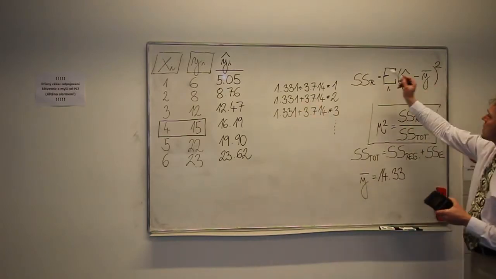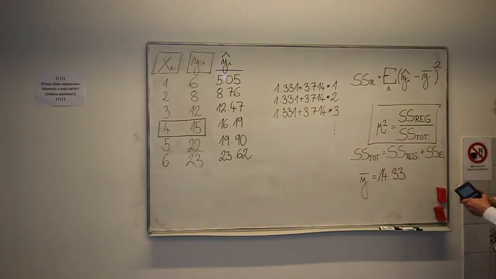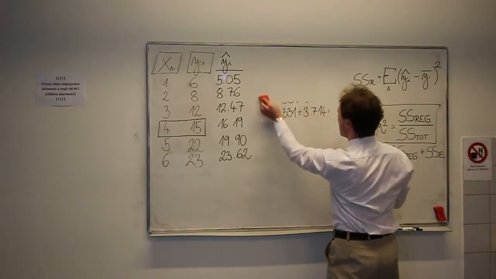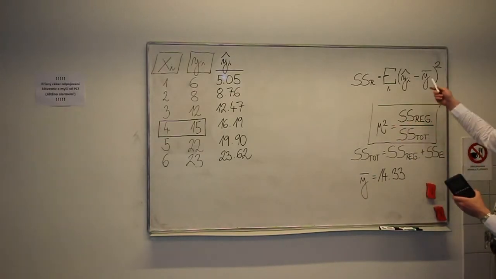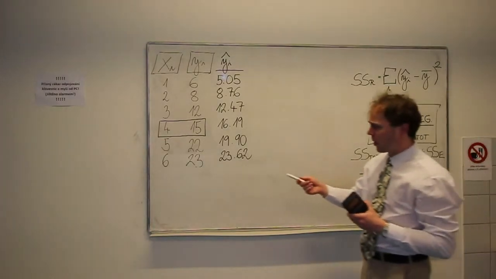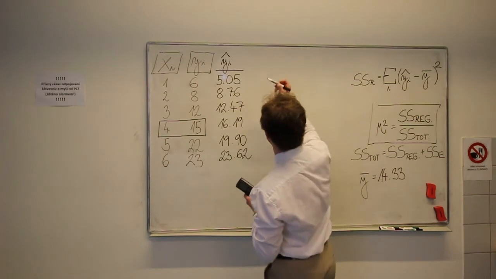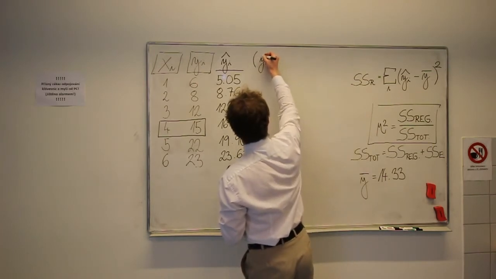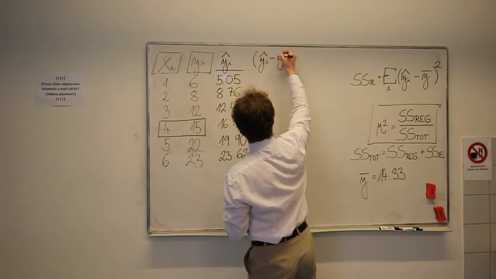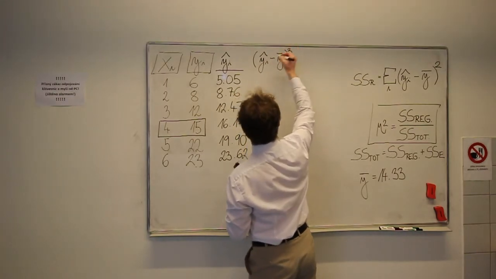And on the basis of this formula, we must calculate the squared differences between these values and the mean of the dependent variable. So there will be y estimate minus y with stripe squared.